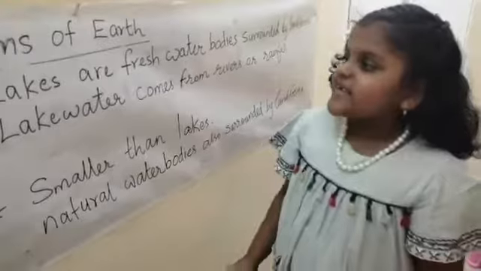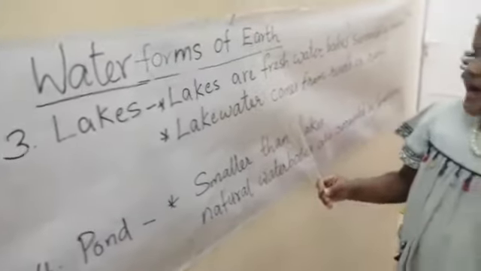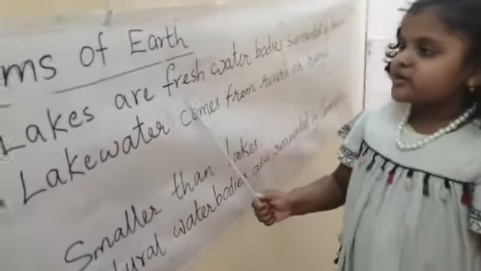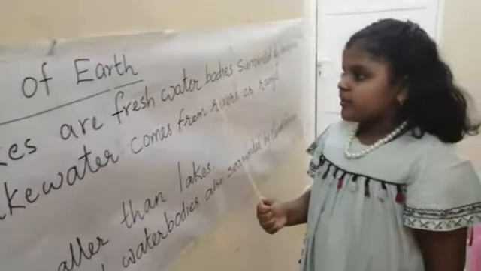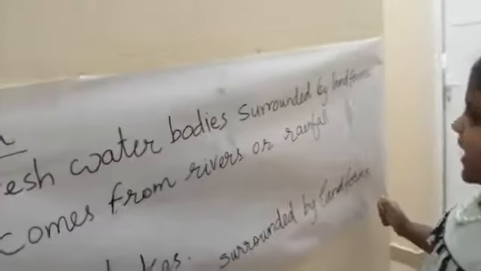The next waterform is the lakes. Lakes are fresh water bodies surrounded by landforms. Once again, I will tell you. What are lakes? Lakes are fresh water bodies surrounded by landforms.